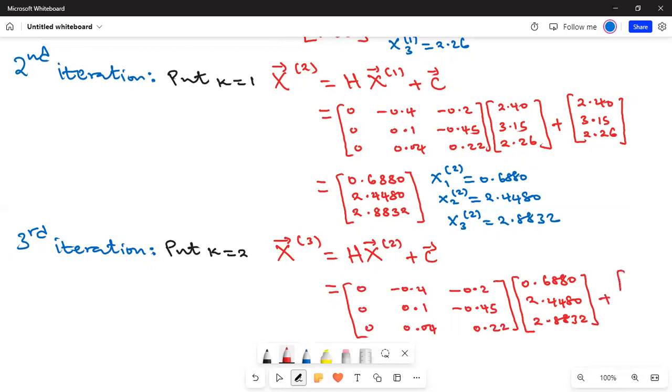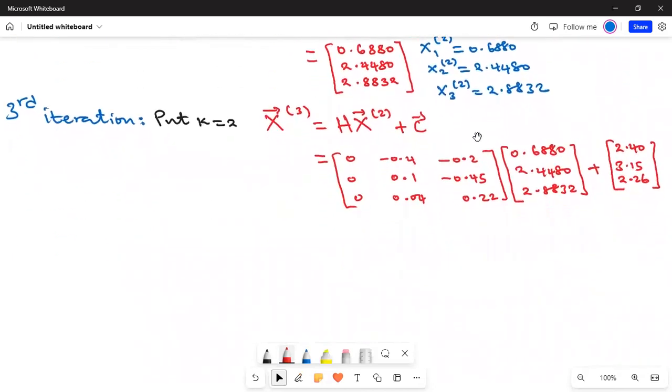Our c is 2.40, 3.15, 2.26. You can multiply and then you add to get this column vector: 0.8442, 2.0974, 2.9922.